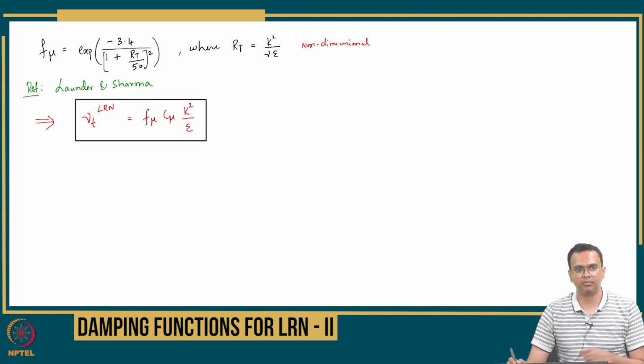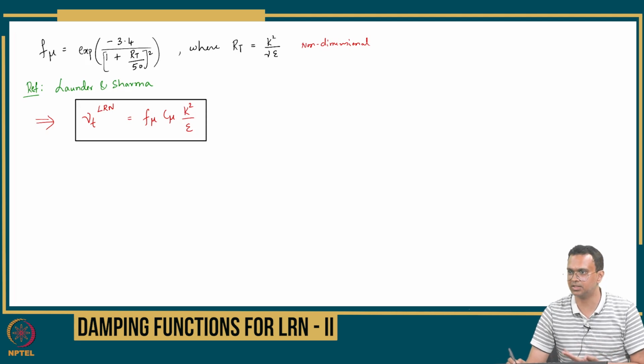So nu T LRN will replace nu T, eddy viscosity, throughout. Wherever eddy viscosity is occurring, this is introduced, the damping will reduce one extra y dependency in the model equation, right? It essentially f mu has 1 over y dependency.